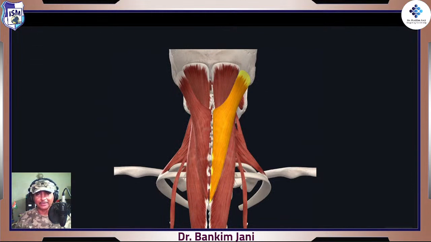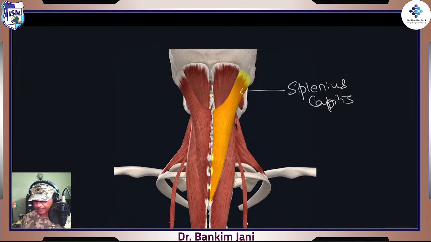But well, instead of watching it over here, we watch this, very clear, right? This is what previously was semispinalis. This is splenius capitis. It is called the splenius capitis, right?